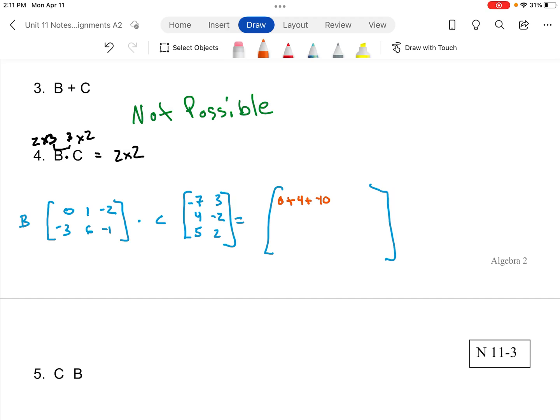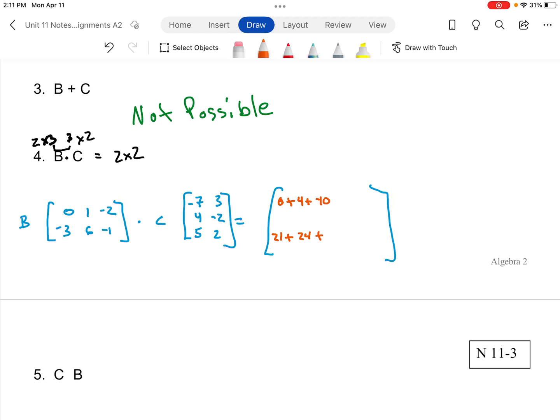Okay, now you can either go to the area to the right or the area below. I'm just going to go to the area to the right. I'm going to do second row, first column. Okay, so I'm going to do -3 times -7, positive 21. 6 times 4, 24.